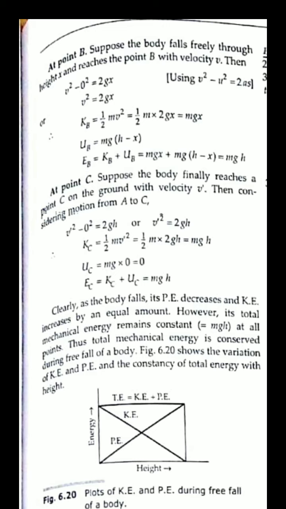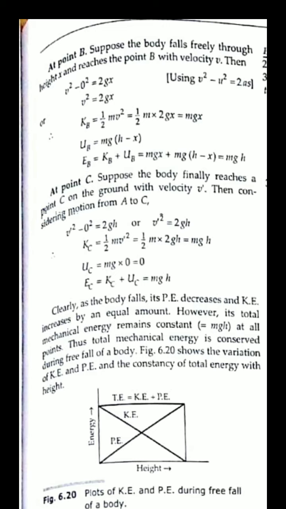When the body reaches point C, the potential energy is 0. Kinetic energy is maximum but potential energy is 0, so U equals 0 and E equals mgh plus 0, that is equal to mgh. So we see that in each of the three cases, the total mechanical energy for a freely falling body is conserved.